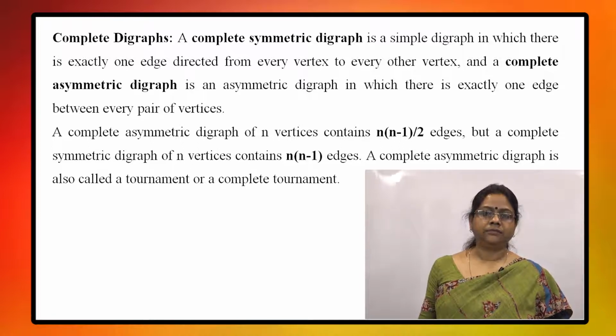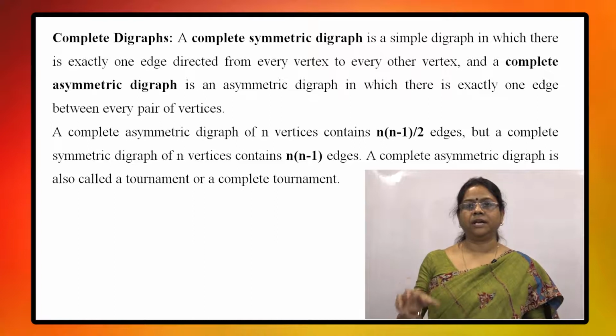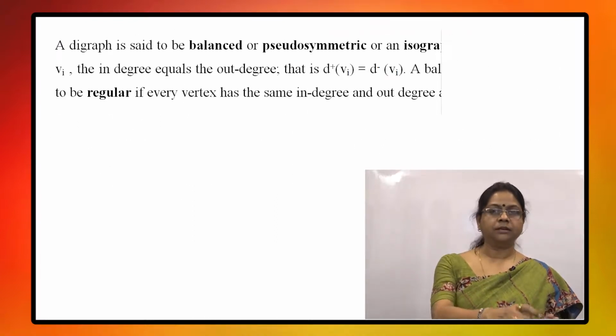Between every pair of teams, there is a game played and one team wins. So that tournament can be represented by this complete asymmetric digraph. So this is called a tournament.